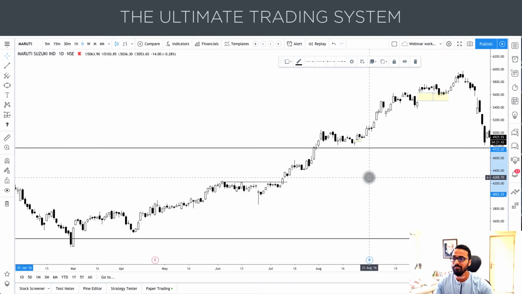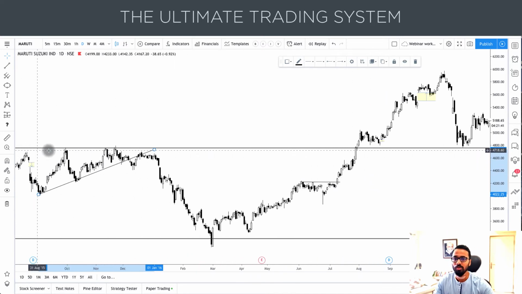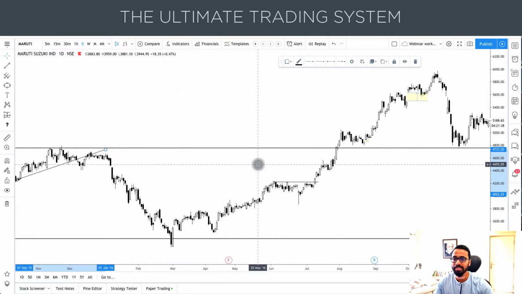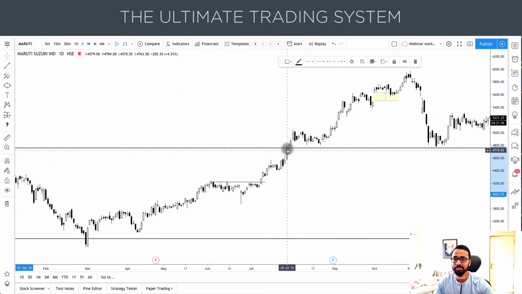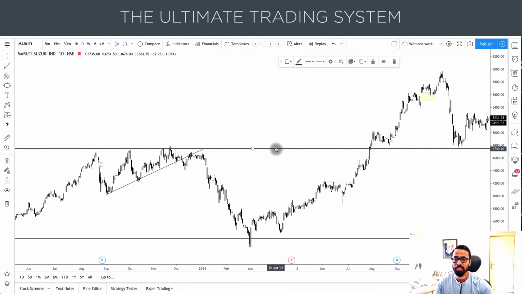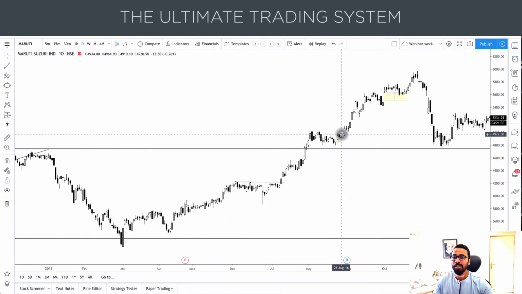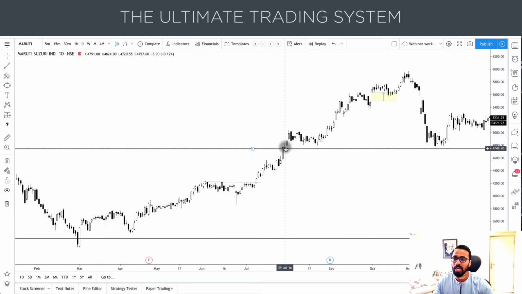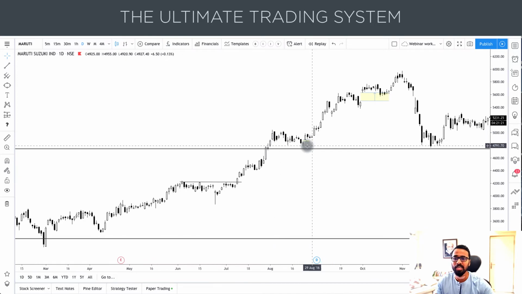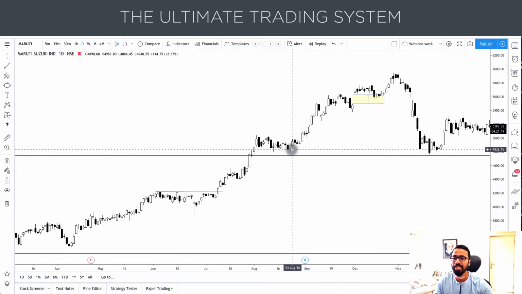Now I have a resistance level here, which was broken by this white candle here. So let me just draw it properly. Now once this is taken off, either I enter a position on the long side here, but if I get a retest and I can enter a long position somewhere here, that's the best possible scenario for a trade.